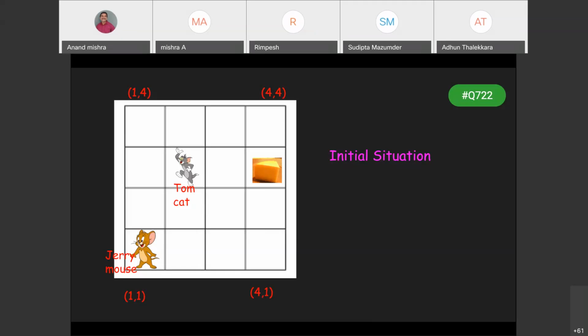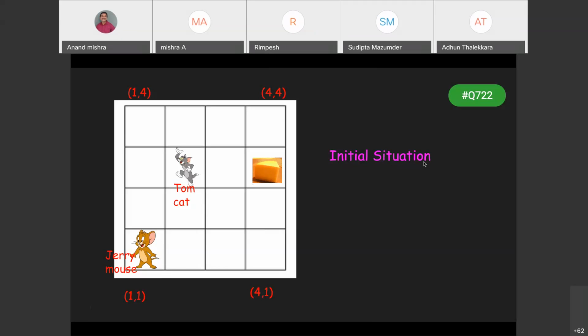It is multi-agent because we have two agents. Tom can eat Jerry, and Jerry should survive. Therefore, it is competitive, not collaborative. And this is the scenario.